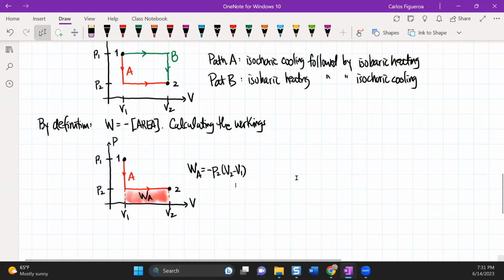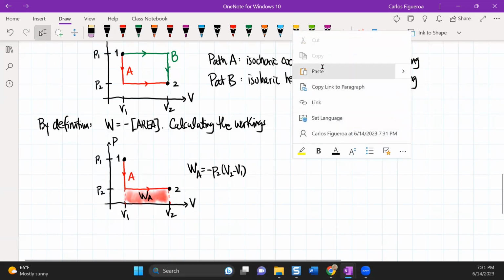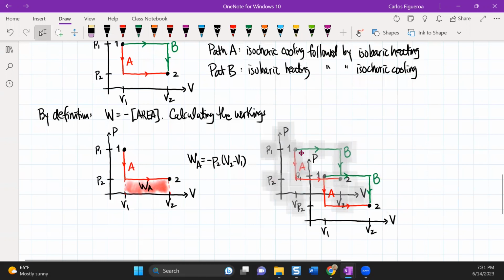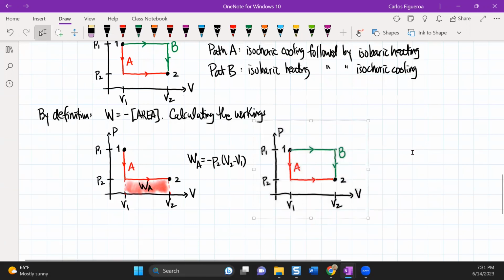Now let's look at the work of path B. You can clearly see that this has a larger area, so the magnitude of this work has to be larger.